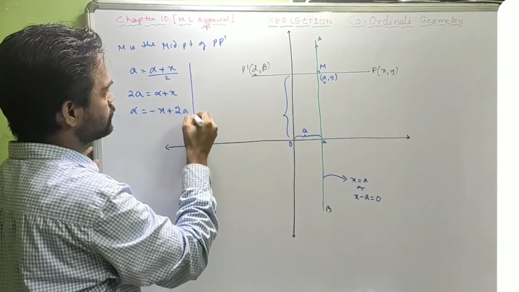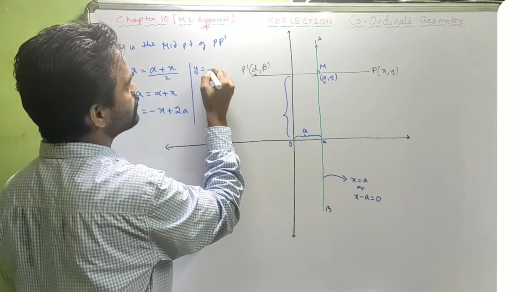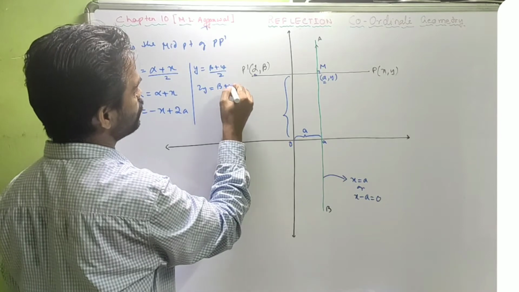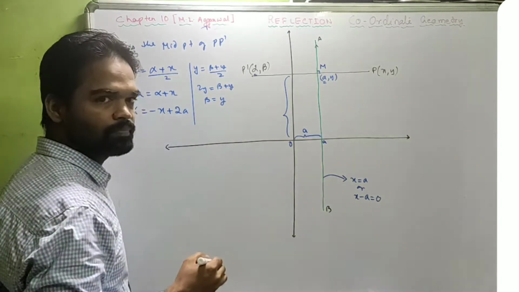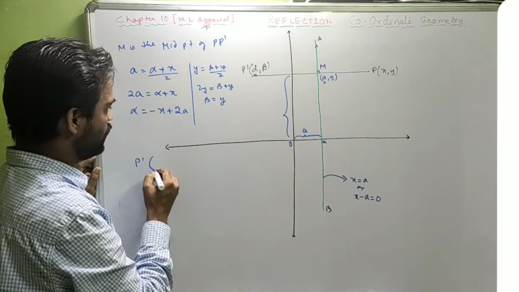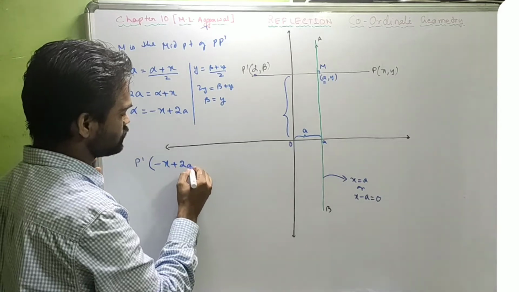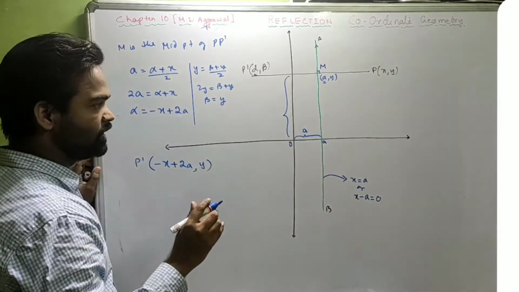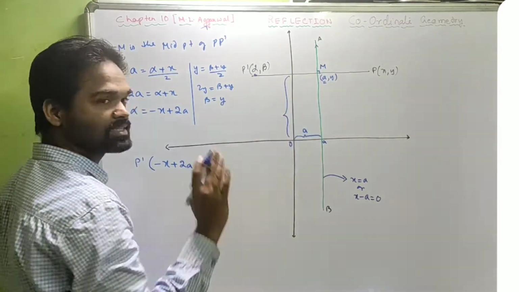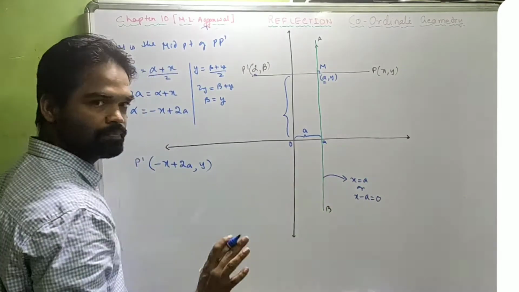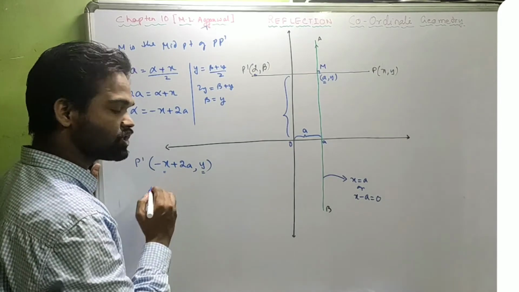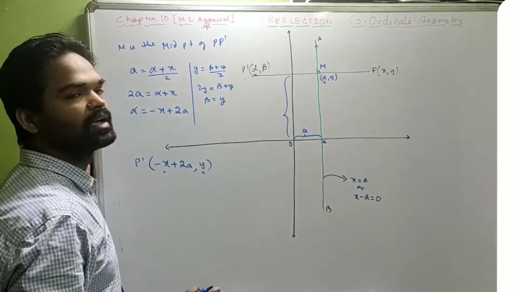Done. Similarly, y is equal to (beta plus y) by 2, which means 2y equals beta plus y, which means beta equals y, which means the coordinate of P dash will be minus x plus twice of A comma y. So when a point P is reflected in a line parallel to y-axis, which is x equals A, the y coordinate remains unchanged and the sign of x coordinate changes, plus twice of A.